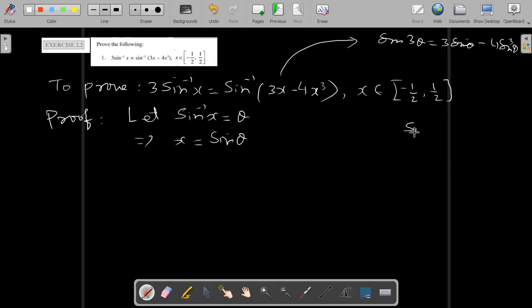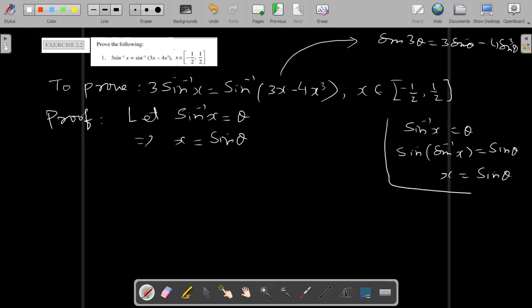I told you one formula: if sine inverse x is theta, then we take sine on both sides. Sine into sine inverse, as I told you, is in the range, so it becomes x is equal to sine theta. So remember this. You can write this step also.